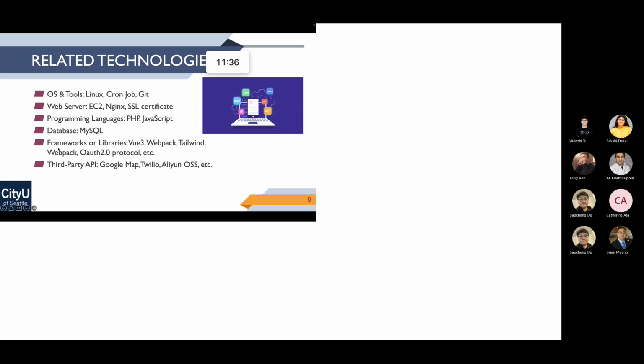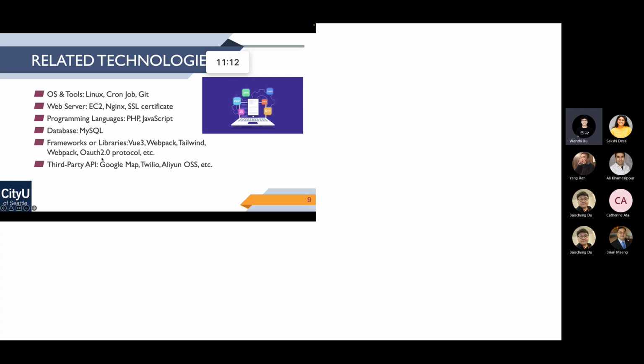For frameworks and libraries, I use Vue, a popular front-end framework, and Webpack to package my front-end code to EC2, and I also use Tailwind to make my pages look better.